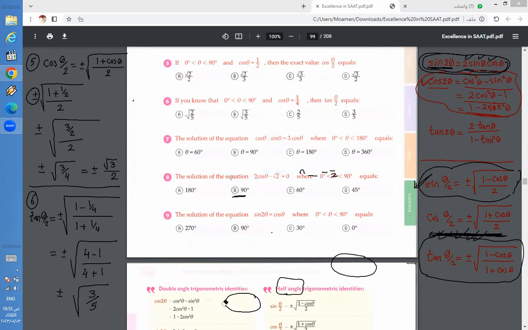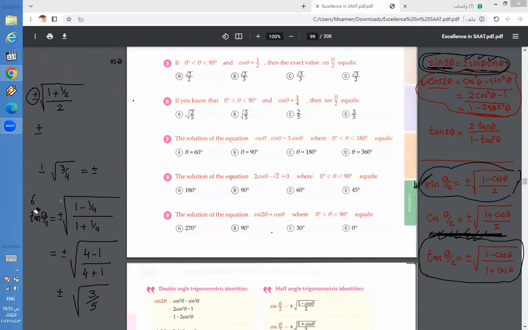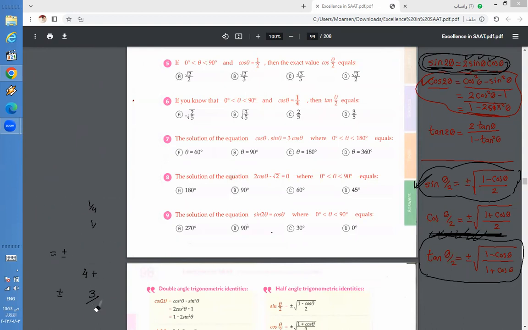The solution of the equation cosine theta sine theta equals 3 cosine theta. So it's in the first quadrant. What shall we use here? I need to find the solution set.